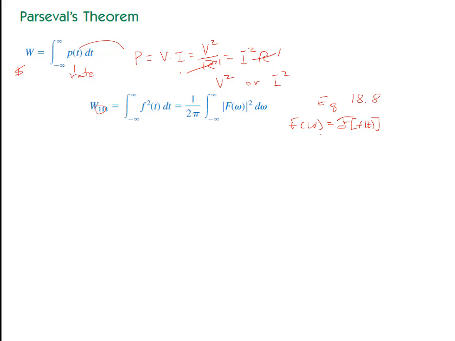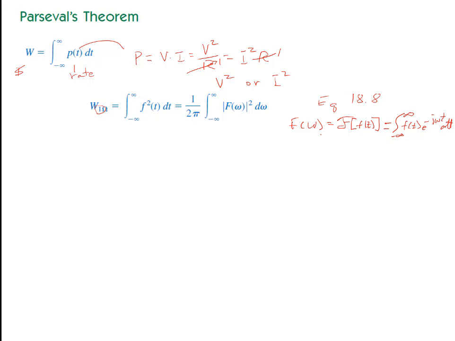So now we're in the range of this p of t here, and this F of omega, the Fourier transform of f of t, is equal to this integral, which is just the definition, over all time, of f of t e to the minus j omega t dt.